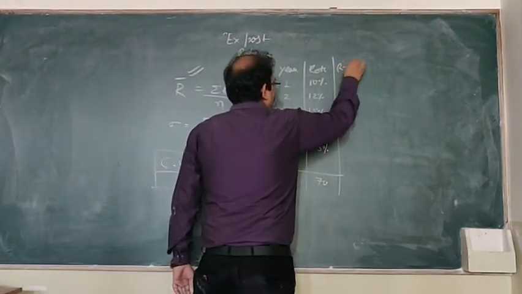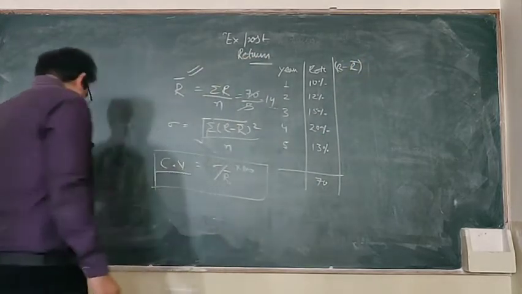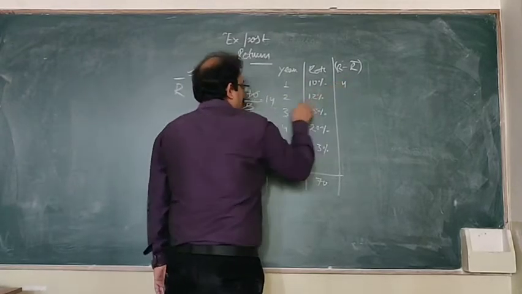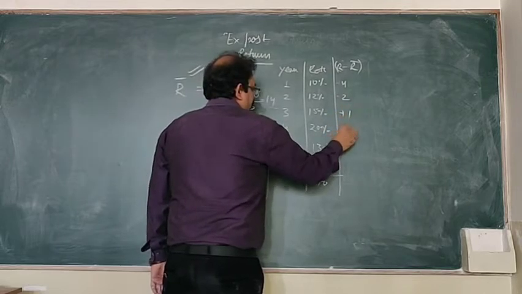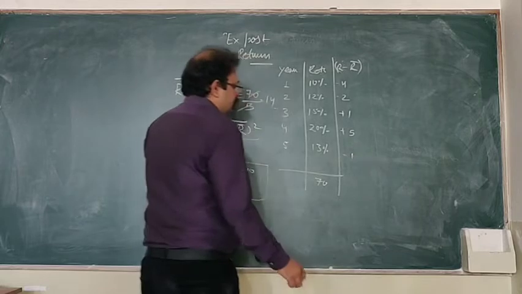Now apply R minus R bar. It's very simple. 10 minus 14 is minus 4. 12 minus 14 is minus 2. 15 minus 14 is plus 1. 20 minus 14 is plus 6. 13 minus 14 is minus 1.